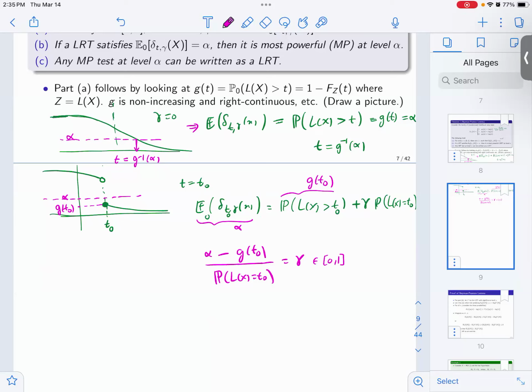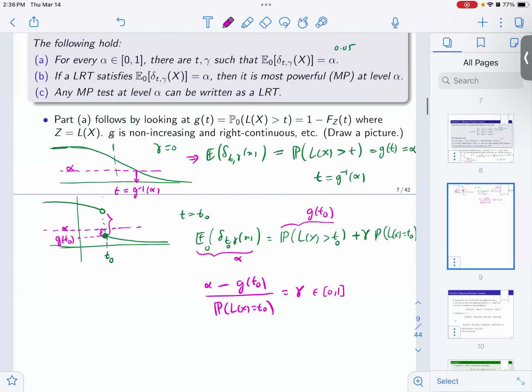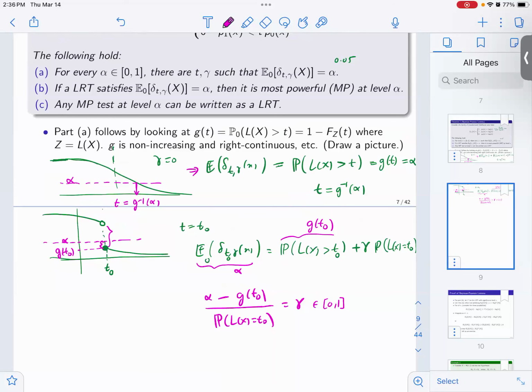So that's the fraction of the mass that we need. So this is exactly the amount. The ratio of this to this gap is going to be the amount of randomization. So this is the general pictorial way of arguing that alpha is always achievable. So you either hit a location, or there are other cases where you hit a flat portion, but then you still can find a theta naught that achieves the probability.